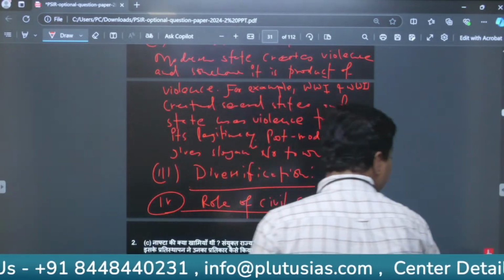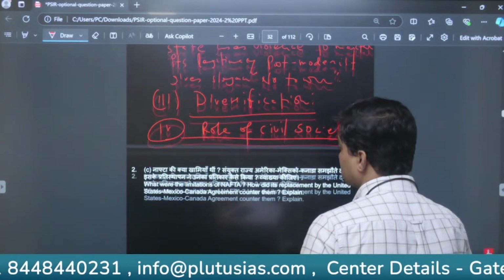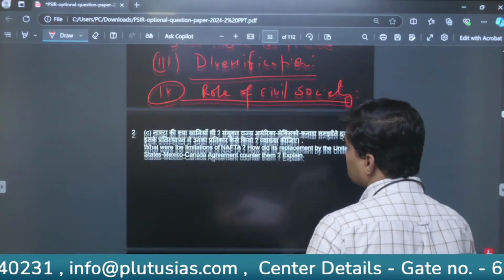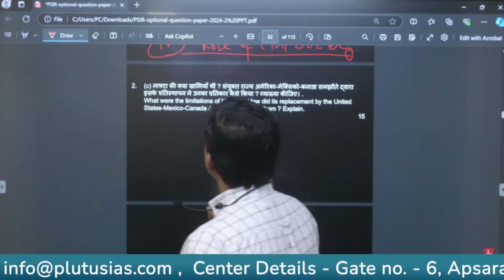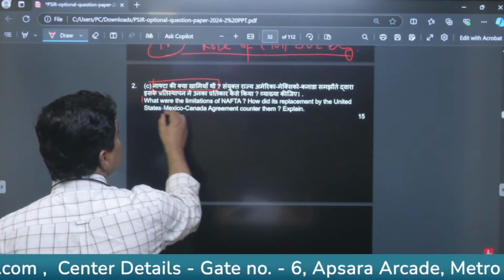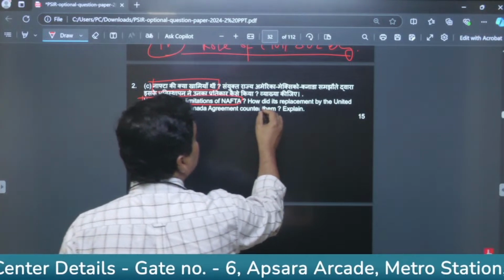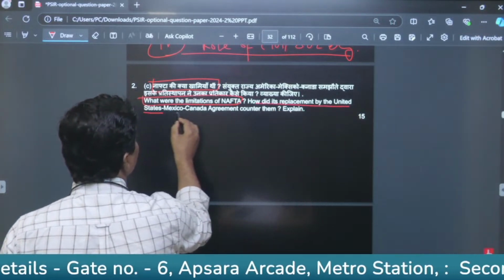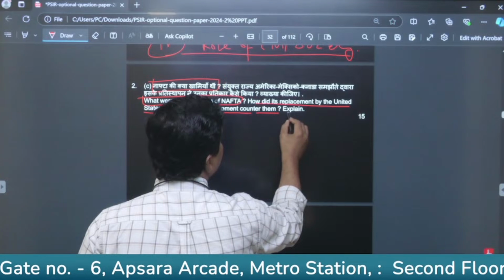Now let me move to the next question. NAFTA, what was the problem in NAFTA? What were the limitations of NAFTA? How did the US-Mexico-Canada Agreement that replaced it counter them? Explain.